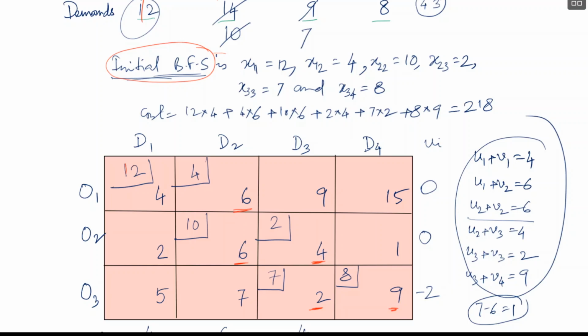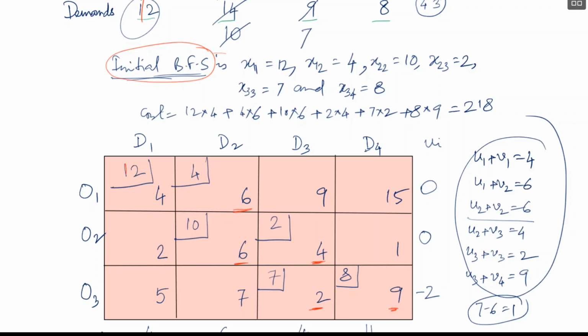And finally v4 will be 11 because v4 plus u3 equals to 9. Yes, 11 minus 2 is 9.